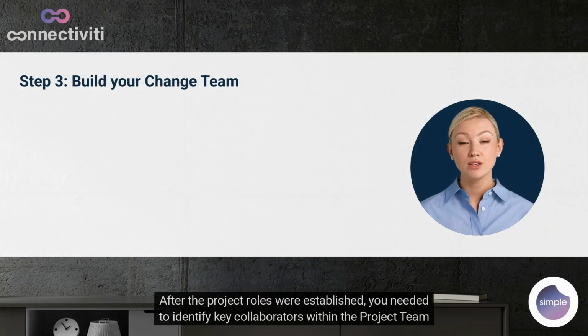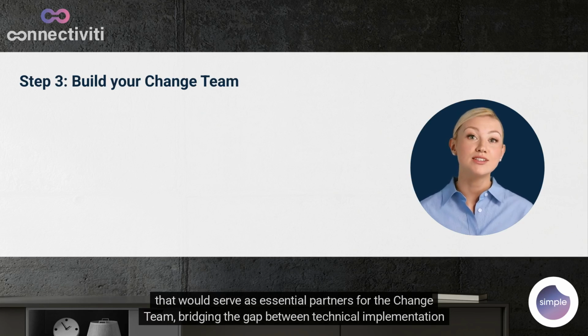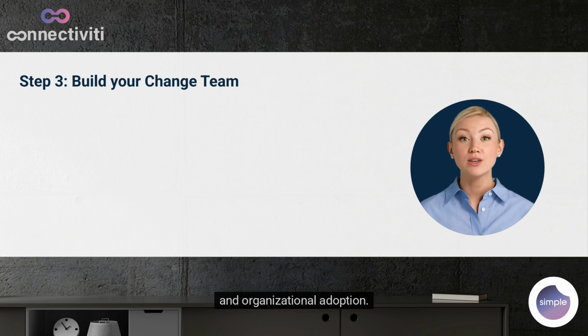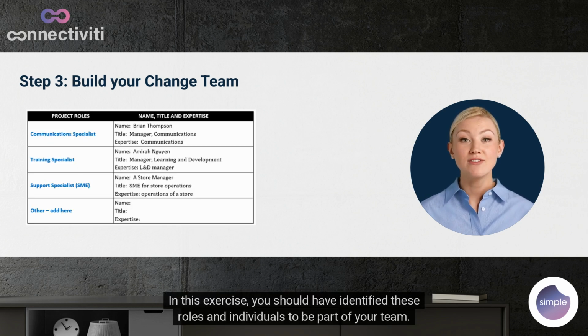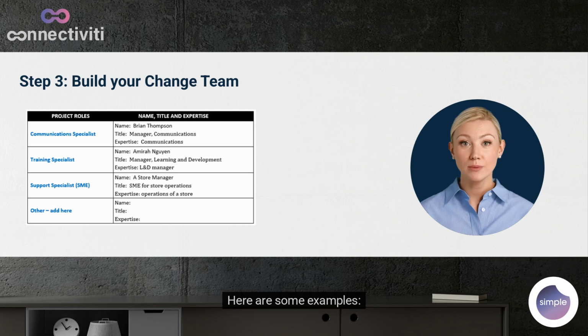After the project roles were established, you needed to identify key collaborators within the project team that would serve as essential partners for the change team, bridging the gap between technical implementation and organizational adoption. In this exercise, you should have identified these roles and individuals to be part of your team. Here are some examples.